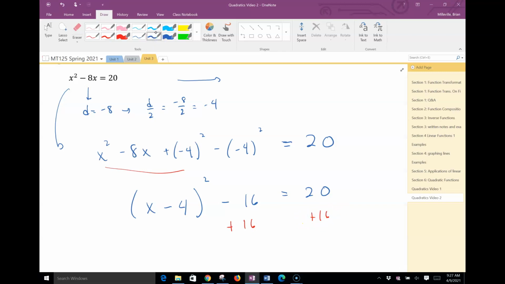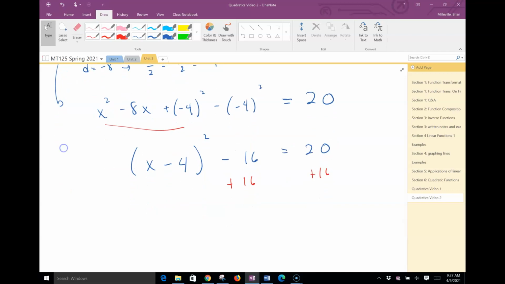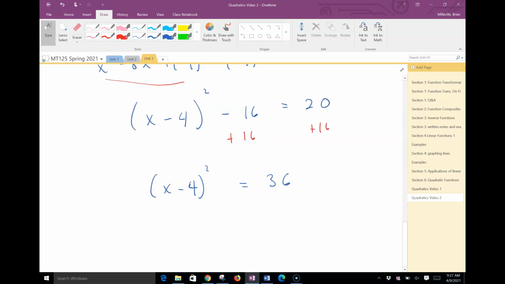Now, that shows right there why we could have, from the get-go, instead of adding and subtracting it on the left side, just added -4 squared, which is 16, to both sides. So either way you want to do that for solving equations via completing the square is fine. When you're graphing or just completing the square for an expression, though, we would have to add and subtract it into the expression.